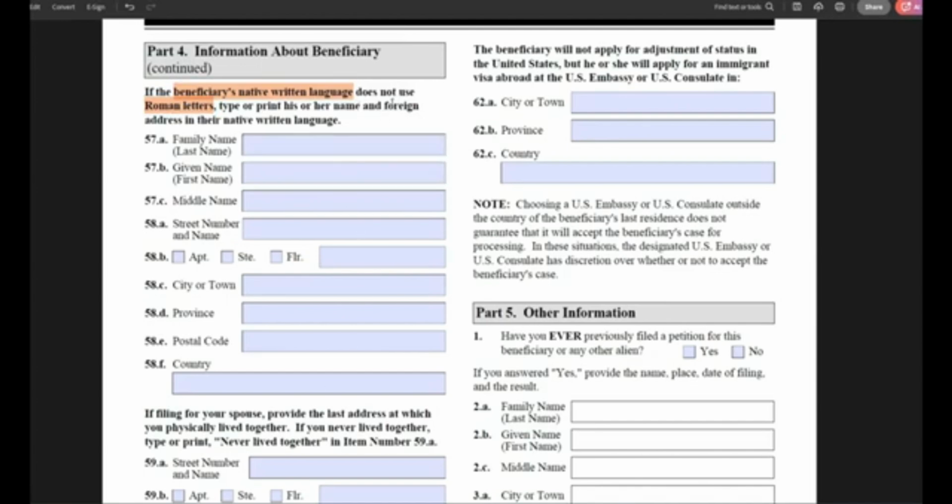But if your beneficiary's native language is Russian, like in our case, or Chinese, Japanese, Arabic, Hebrew, all of those characters that don't look like English letters, you will need to fill out these questions. It will not let me type the country in the native language, so I'll just write it in English, but this is what it would basically look like. This is especially necessary for beneficiaries who are currently located overseas.